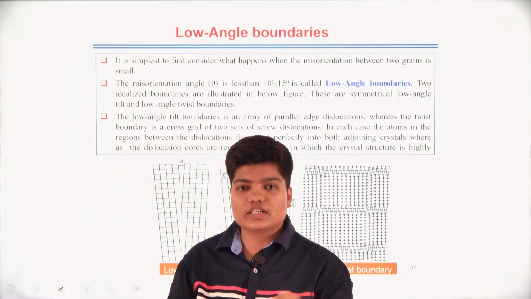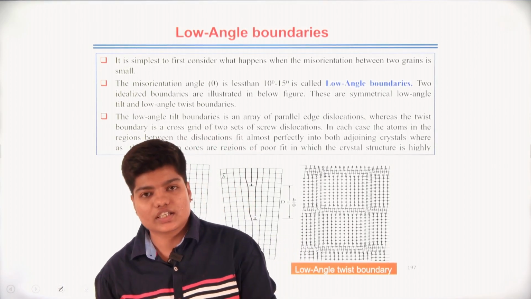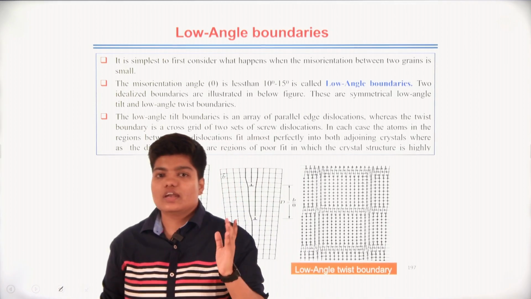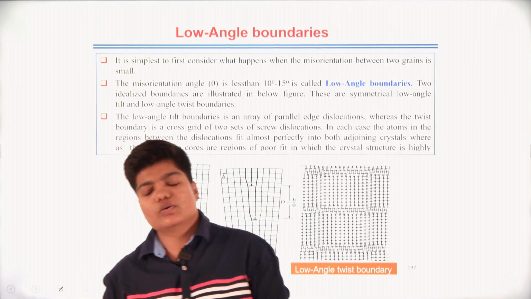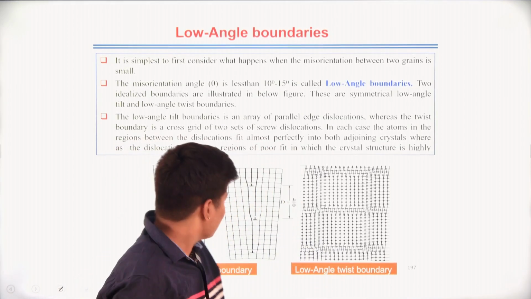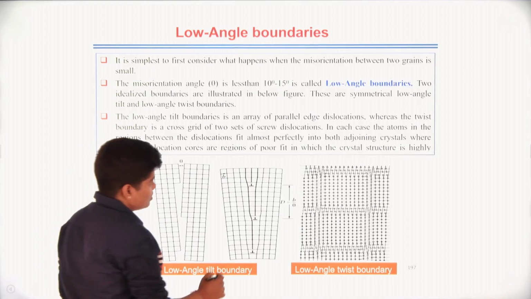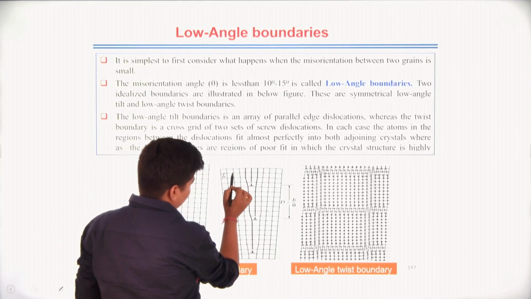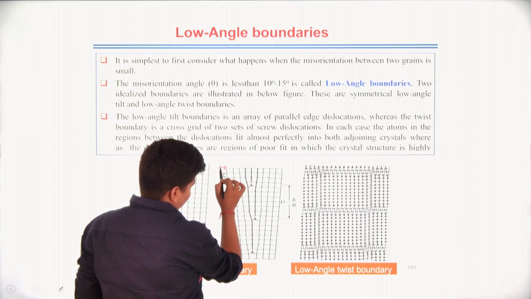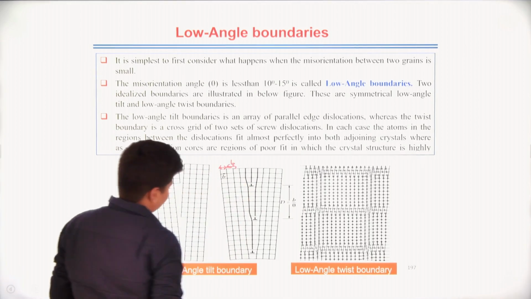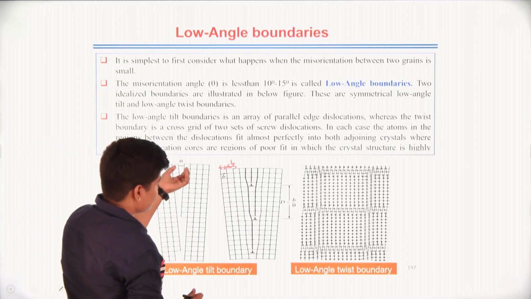When the misorientation angle is less than 10 to 15 degrees, that is known as a low angle boundary, and when the misorientation angle is greater than 10 to 15 degrees, that boundary is known as a high angle boundary. Here in the low angle tilt boundary, the spacing between the lattice planes is the same, B, and the misorientation angle here is theta.